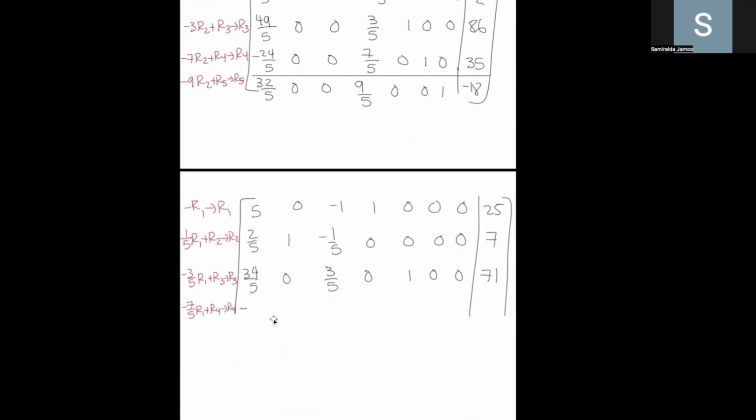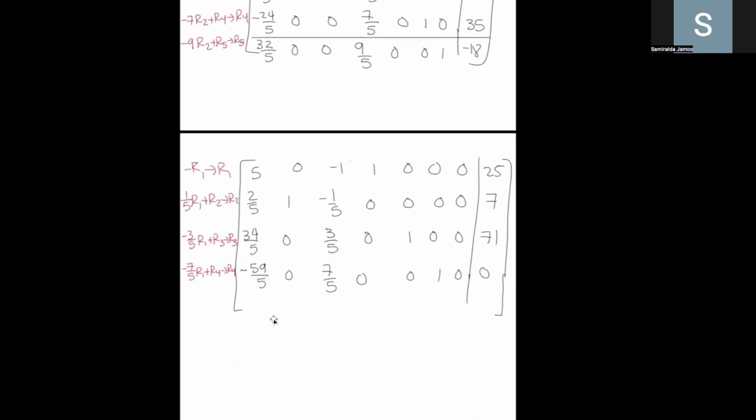Now we get negative 59 over 5. And last one, 9 over 5. So negative 9 over 5, row 1 plus row 5 in row 5.